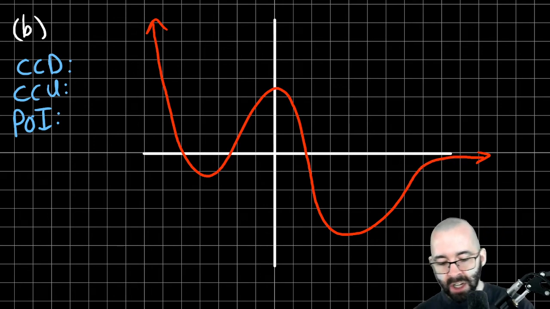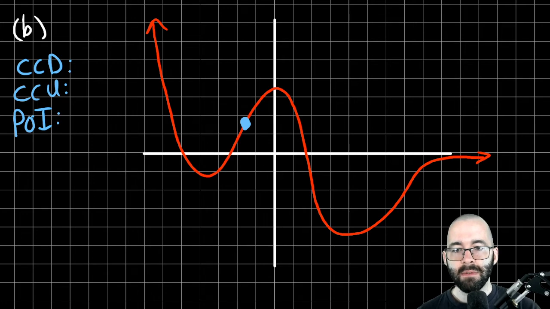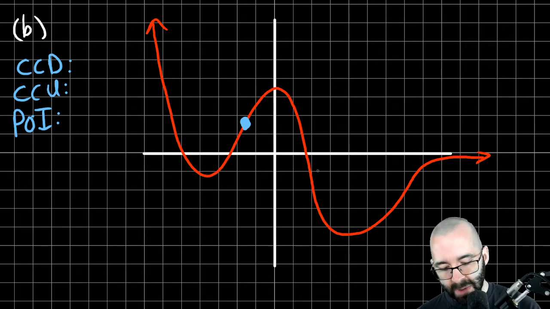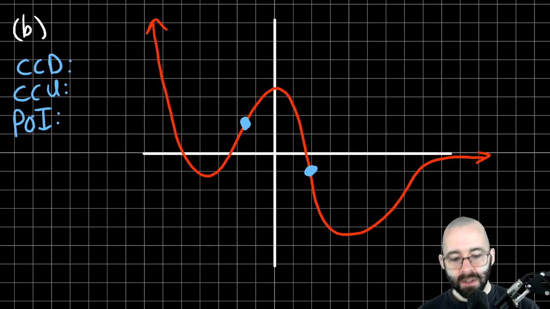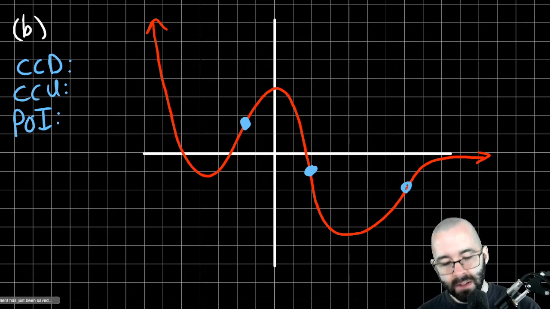So where does it change from happy to sad? Well, somewhere around here. Again, we're just estimating graphically. It doesn't have to be exact. Somewhere, I don't know, kind of around here. And the last one, somewhere kind of around here.